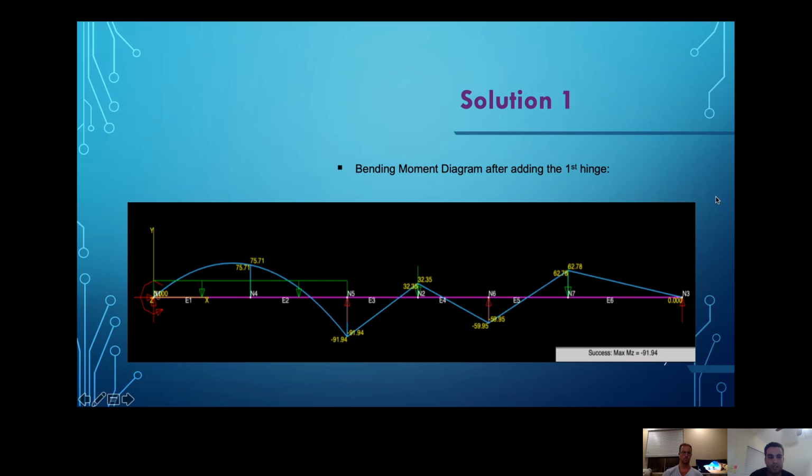This slide shows that the first hinge was added at point A, and the result of running the moment diagram was found that the maximum moment is minus 91.94.